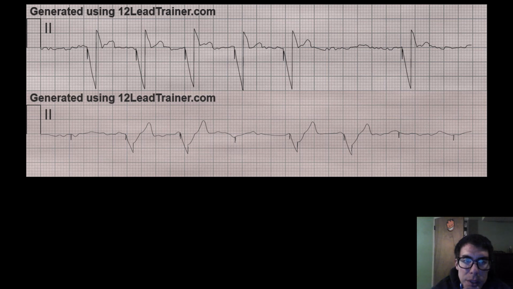So we see one here, we see one there, and these are ventricular because right after them there's that wide QRS. See it there, there. And all of these are at a pretty regular interval, right? So that's working fine.